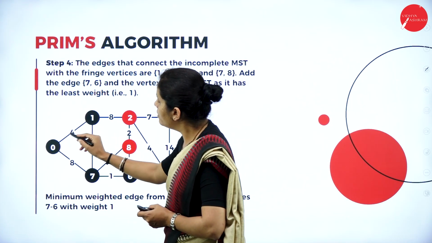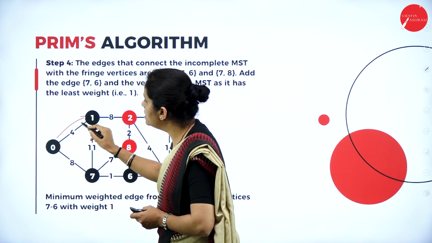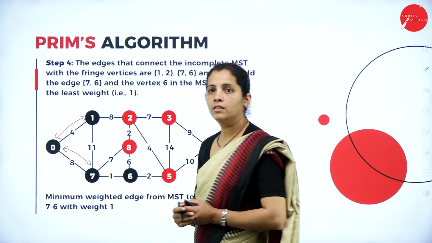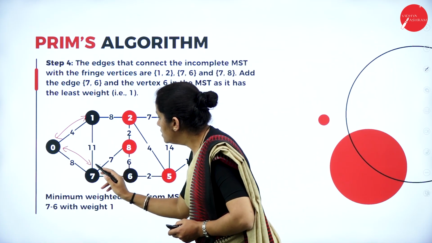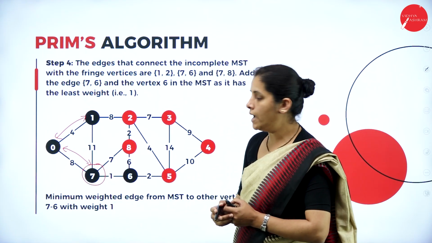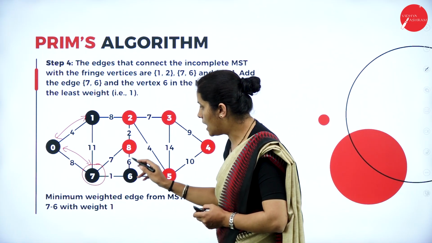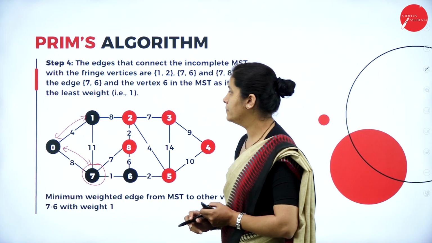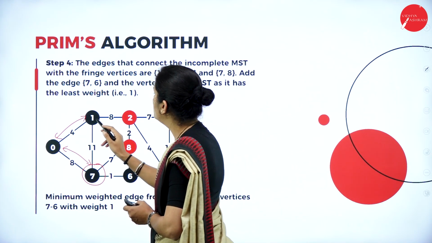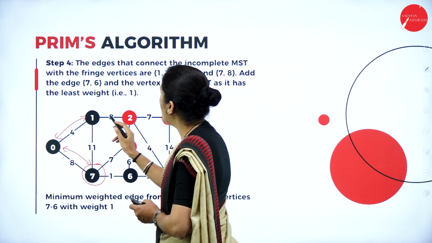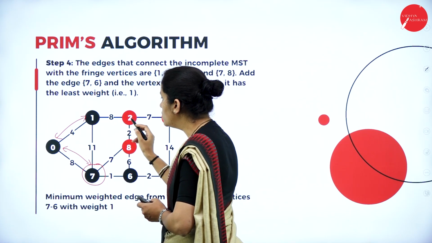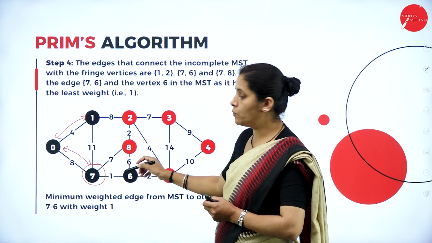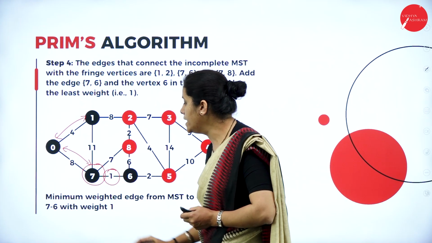Now 0 to 1 is over and 0 to 7 is also done. If I consider 7, from 7 I can reach 6 and 8, with the weights 1 and 7. And if I consider 1, I can reach 2 with weight 8. But the minimum weight is 1.